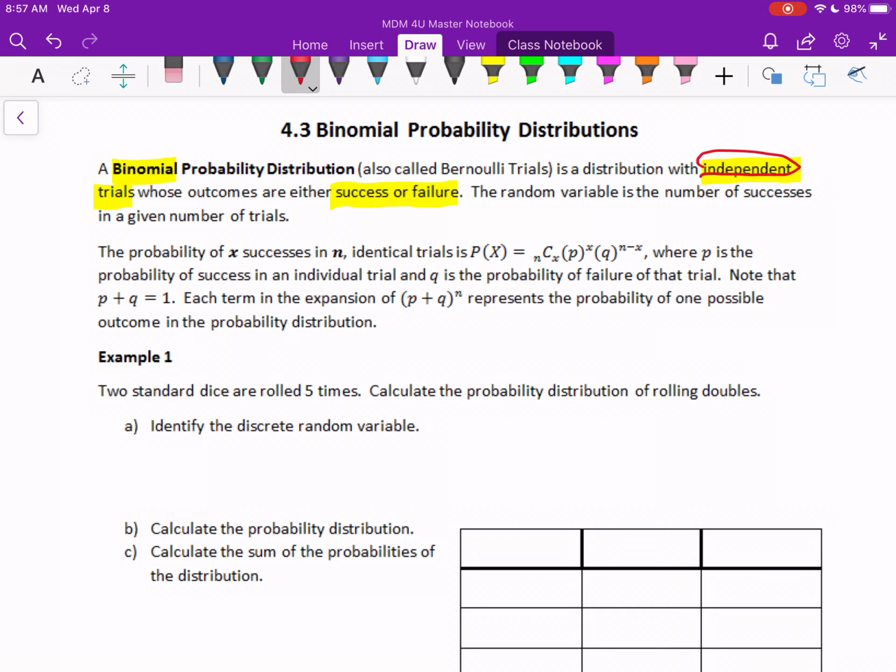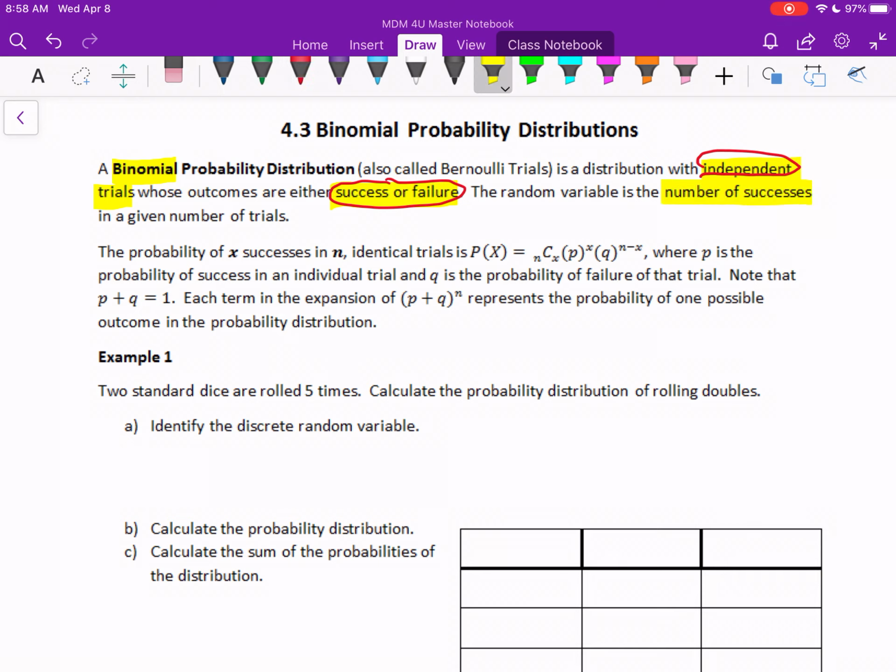So this idea of it being independent, and this idea of being able to frame it as two separate outcomes, success or failure, means that the random variable, which we've learned about over the past couple of lessons, is the number of successes in a given number of trials.